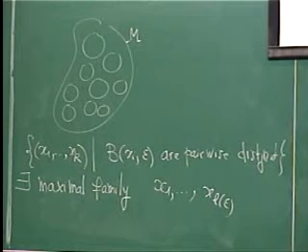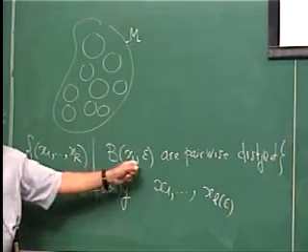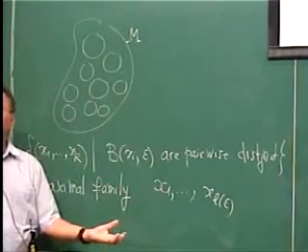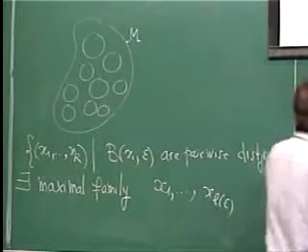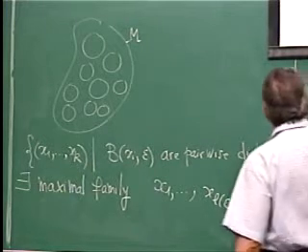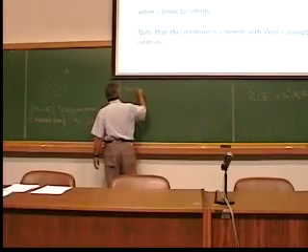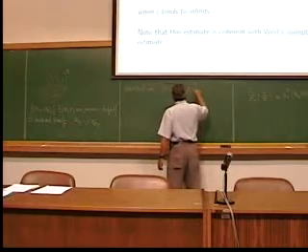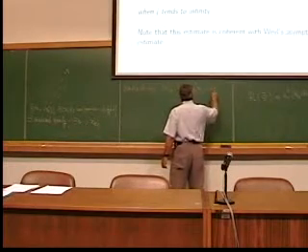Now, the fact that the family is maximal tells you that when you look at the balls with radius 2 epsilon, then the balls must cover M. Okay? So that's a classical covering argument. So maximal implies that M is the union of the same balls but with radius 2 epsilon.